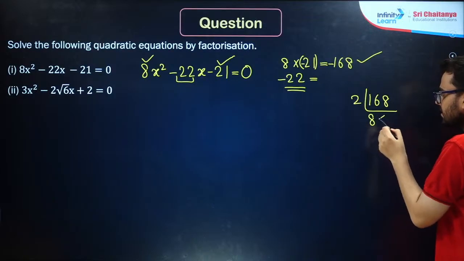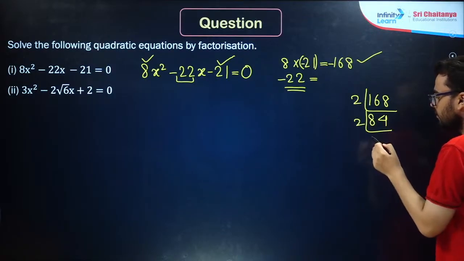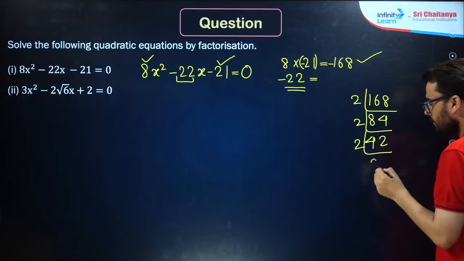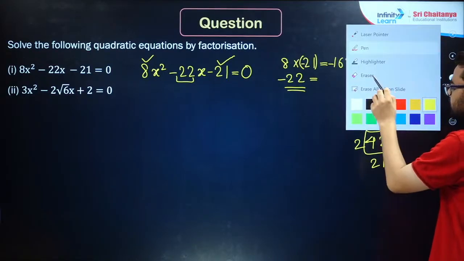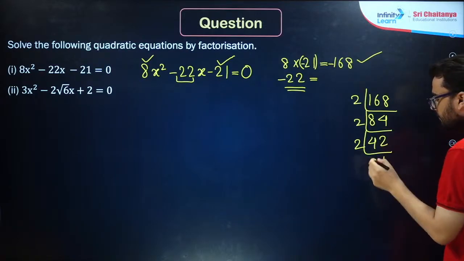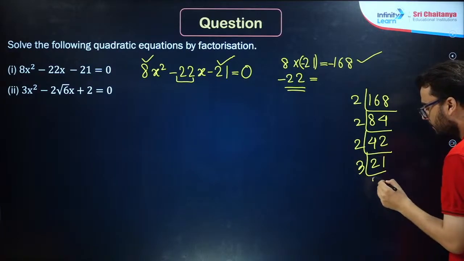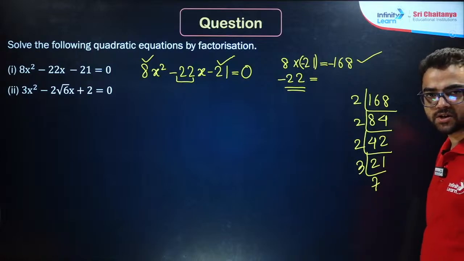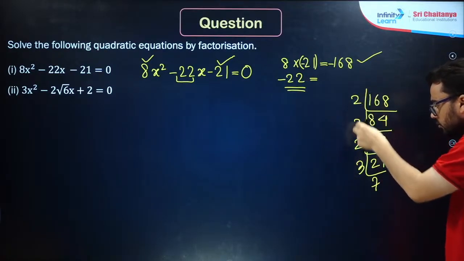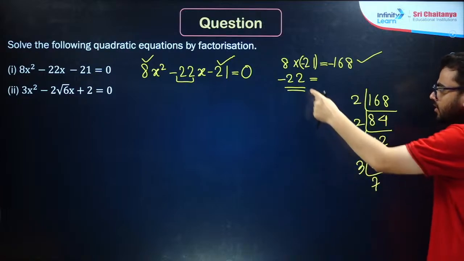2 8s are 16, 2 4s are 8, 2 4s are 8, 2 2s are 4. So that is the prime factorization over here, and we need minus 22. So you want two numbers from here such that you get 22.